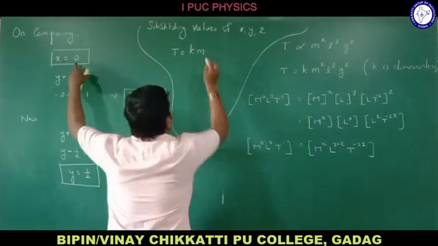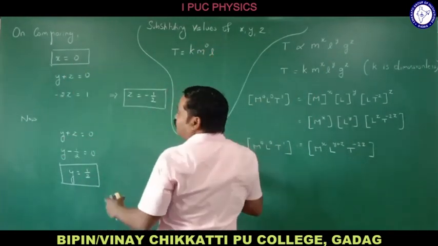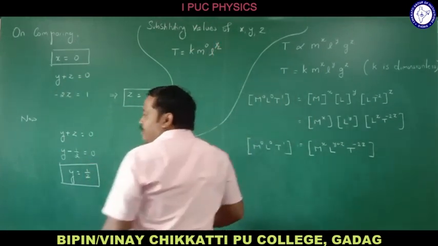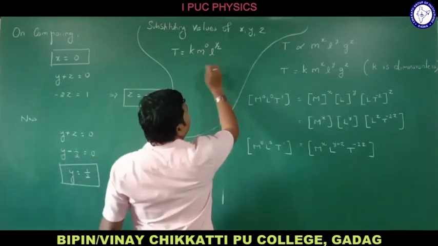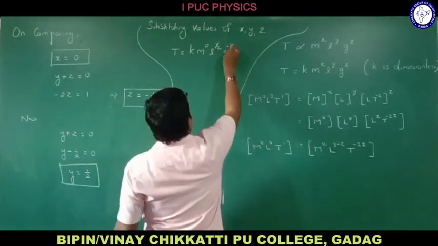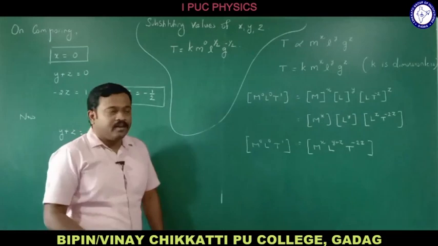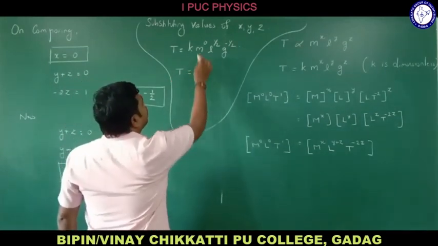What is the value of x? 0, right? So l raised to y. What is y now here? Y is 1 by 2. So we will be getting it as 1 by 2. And the z value, what do we get now here? That is g. The z value is minus 1 divided by 2. T is equal to k m raised to 0.